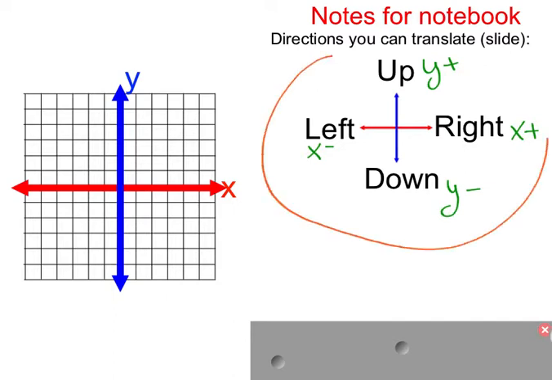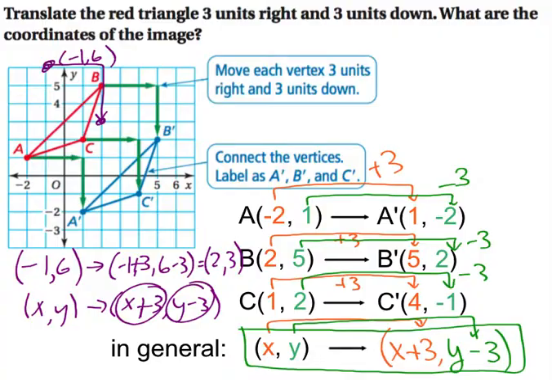You'll notice that y plus is up, y minus is down, left is x minus, and right is x plus. So notice that right here, it's x plus because it's right 3, and y minus because it was down 3.